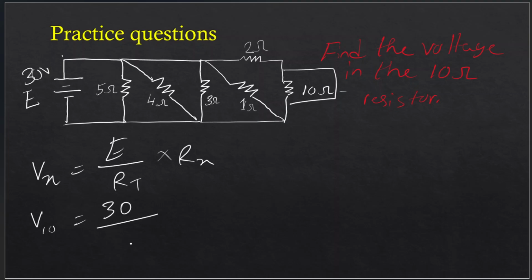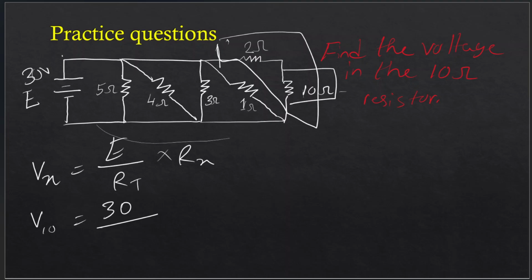Now RT. What will RT be? Will it be the total resistance of the entire circuit? Actually no. It will be the total resistance of only this part. Why? Because the total resistance here is the total resistance of the series connection.